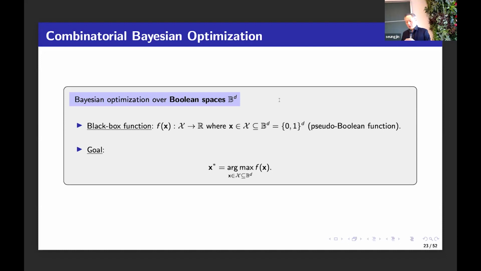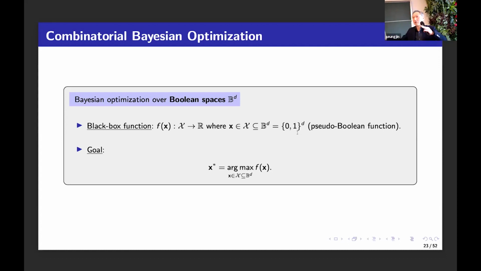But what if our decision variables x are simply binary numbers? You can easily convert categorical variables into binary numbers. For simplicity, I assume x belongs to the Boolean space, a d-dimensional space where each entry is either 0 or 1.